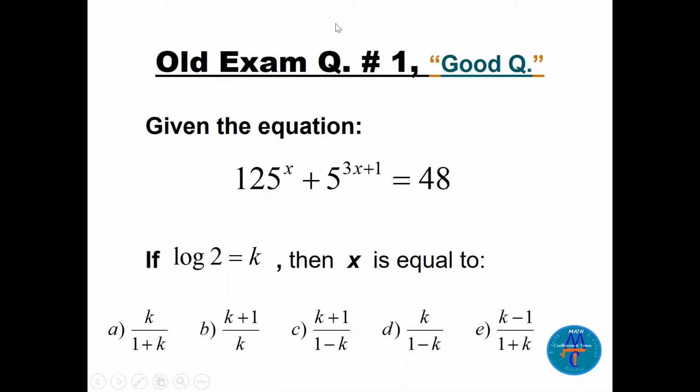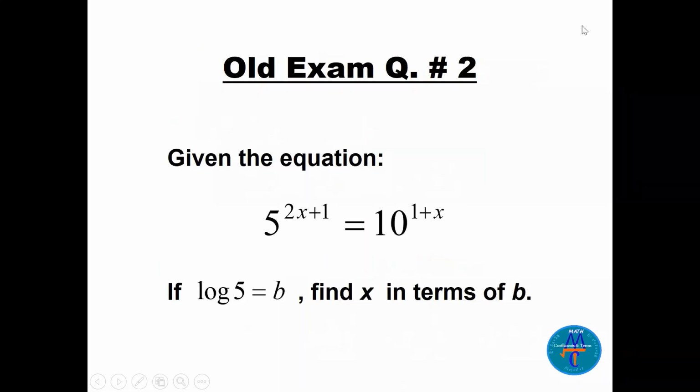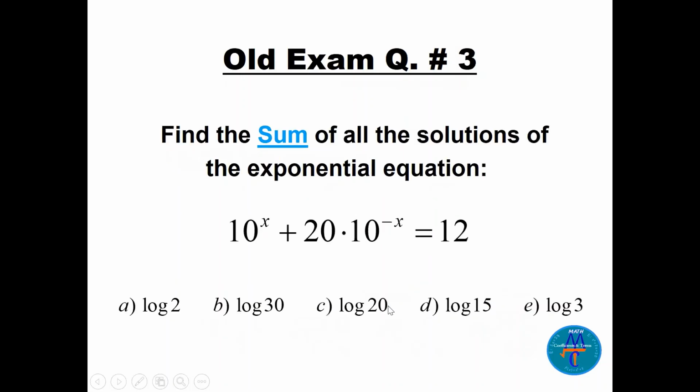So x will be multiple choice here, A, B, C, D, E. Please check that one. Question number 2, we have 5 to the power 2x plus 1 is equal to 10 to the power 1 plus x. If I give you log base 10 of 5 is equal to b, find x in terms of b.